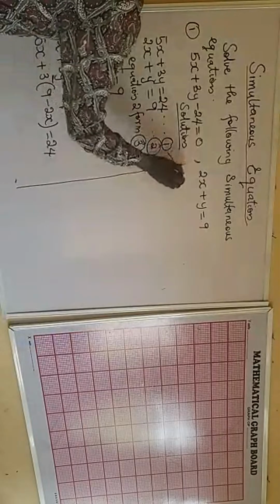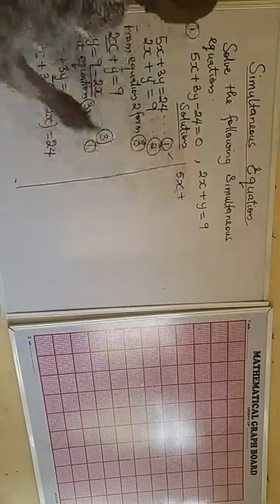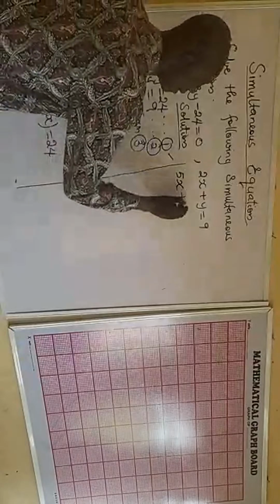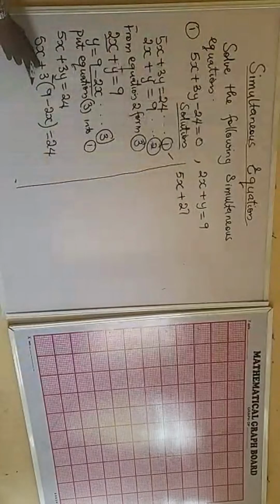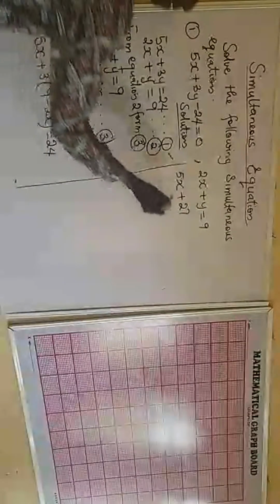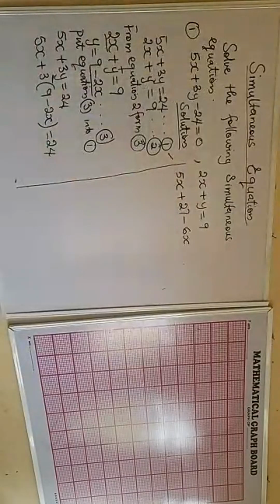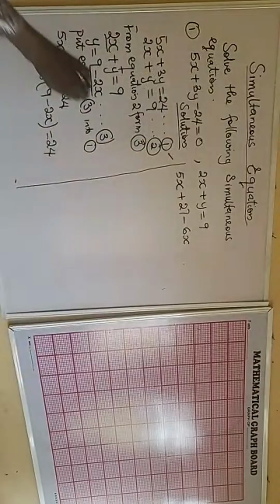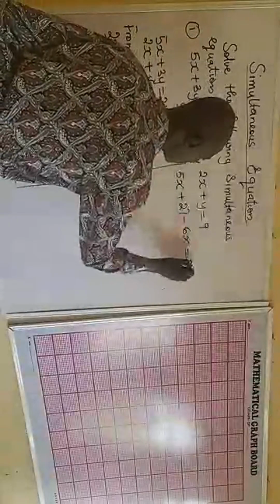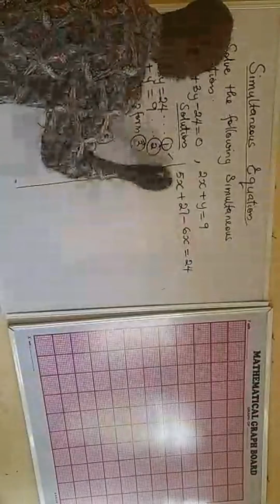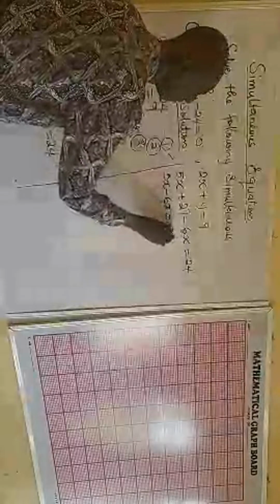Here is now 5x plus 3 times 9 is 27. 3 times minus 2x is minus 6x, is equals to 24. Now, 5x minus 6x plus 27 is equals to 24.